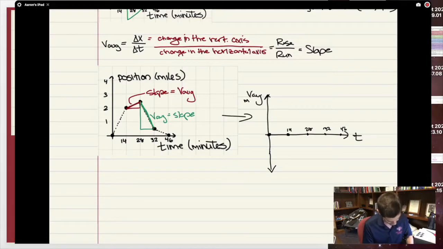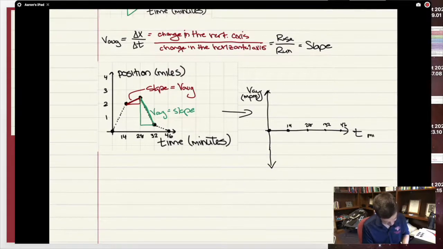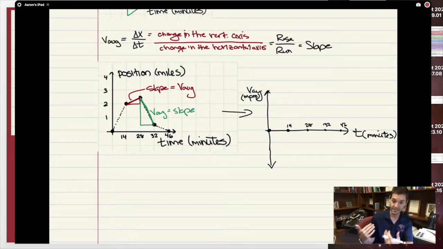And this would be something like miles per minute, and this is in minutes. I don't care so much about getting this exactly right, but we can eyeball it, and if you just want to look at how the average velocity compares, we can just look at the slopes. So it looks like the slope is pretty steep at the beginning, so I might say that the average velocity is something like this. Then from 14 to 28, the slope is still positive, still pointing upwards, but it's not nearly as steep, so it might drop down to something like this.